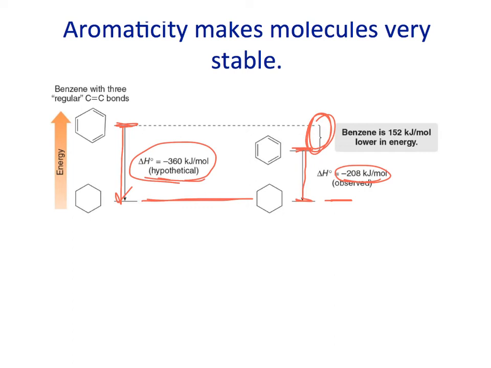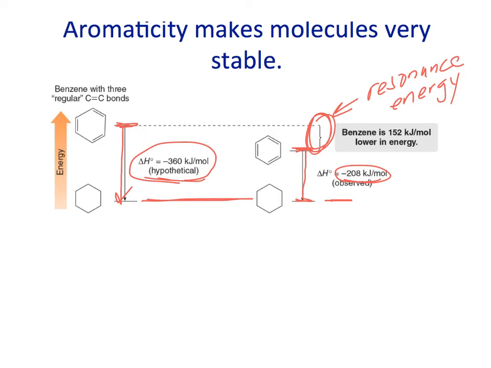Okay? This energy, this stabilization, is called the resonance energy. And this is how much more stable benzene is than what we would expect without the resonance. All right? So it's 152 kilojoules per mole, and that's quite a bit, right?